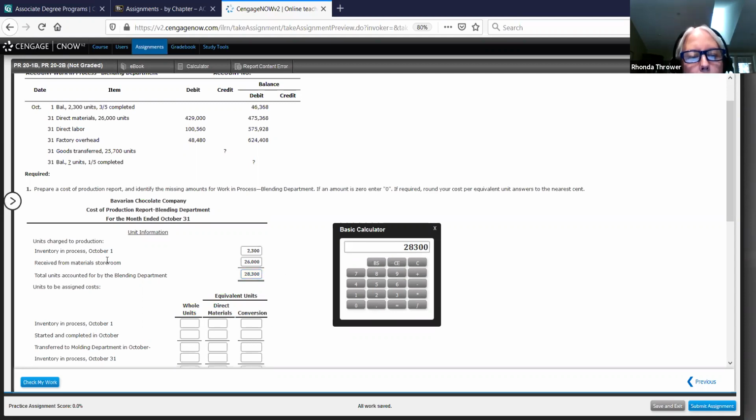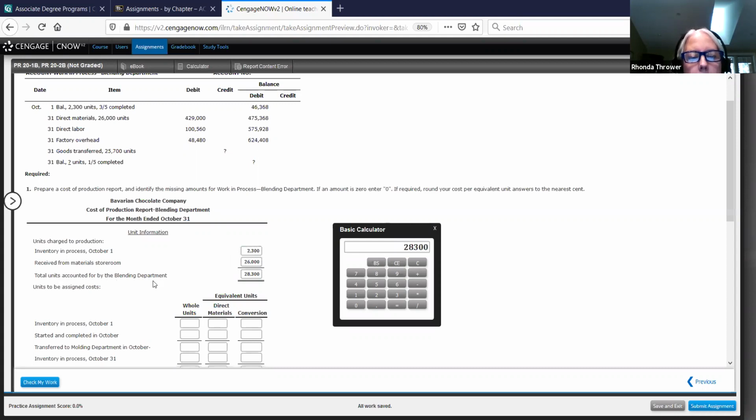The first part of the unit information is about what we call whole units. We had 2,300 units that were transferred in from beginning inventory and 26,000 units that we started working on during the month of October. The two of these combined are the total units accounted for by the blending department.